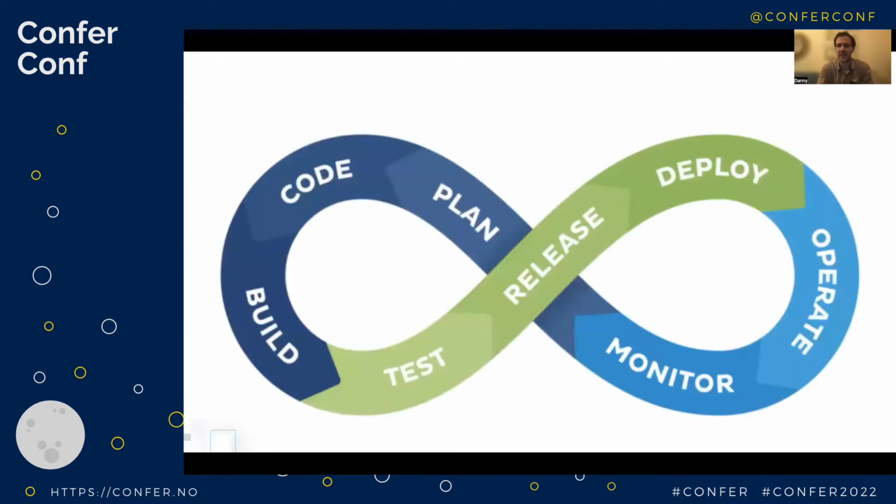So to understand how observability works in the modern machine learning and MLOps space, I think it's useful to take a look at the traditional CI/CD practices, right? In DevOps and CI/CD, there's this loop of release, deploy, operate, monitor, plan, code, build, test, and then release again. And as you can see, it's an Ouroboros or an infinity sign or a cycle, however you want to describe it.